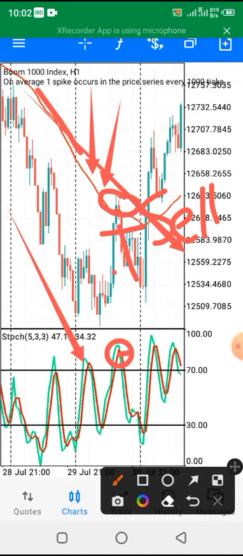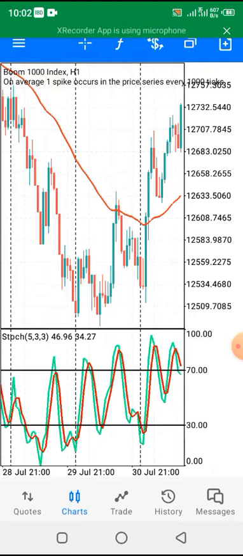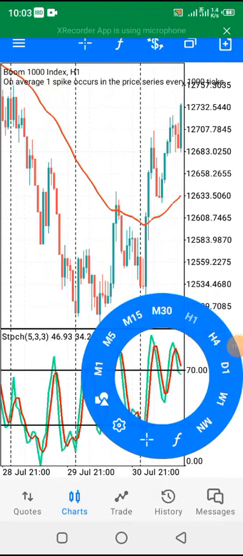Remember, this is the 1 hour time frame, so these are many pips which you could have made from the markets. Stop loss around here, entry sell, then take profit here. I want you to see this so that you understand everything.